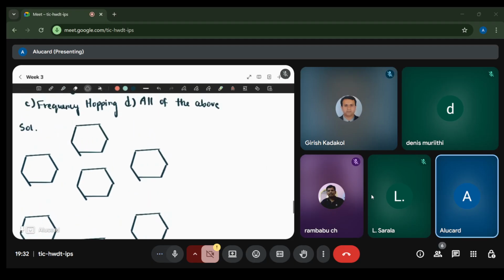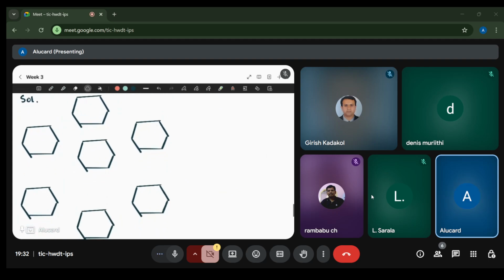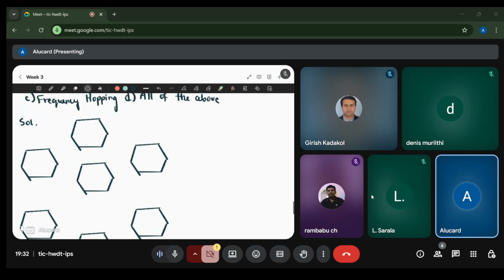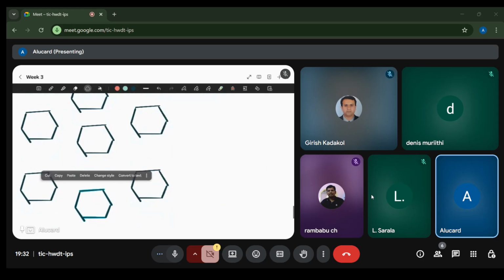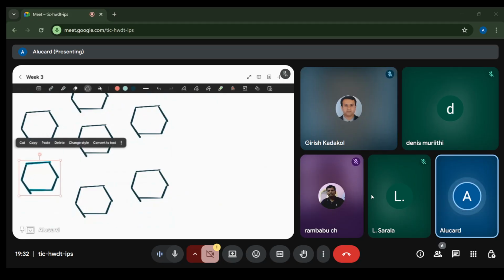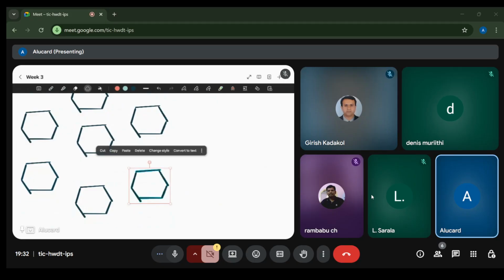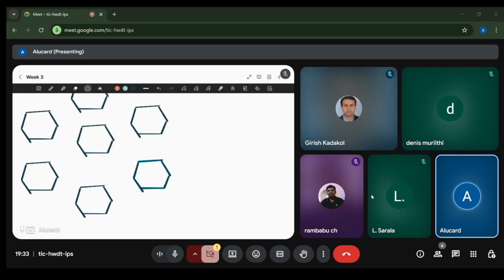So here I have drawn a cell along with its co-channel cells. So these are not neighboring cells. These are co-channel cells. That means they are using the same frequency.